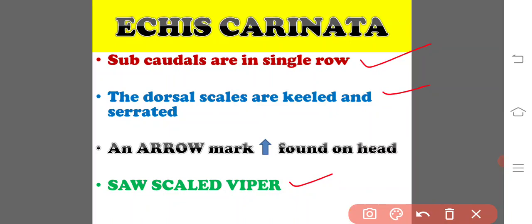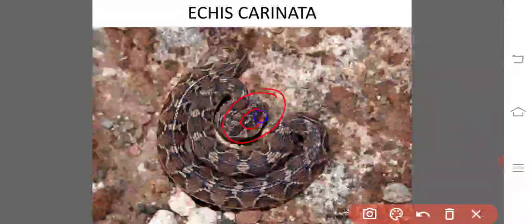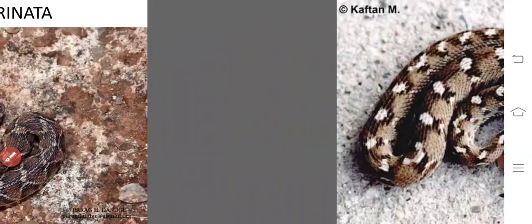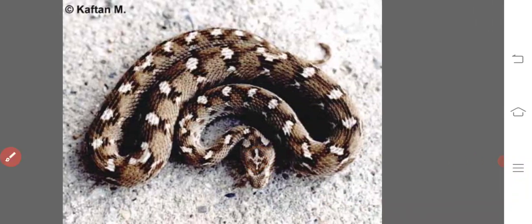One more important feature of the Pursa or Echis carinata is an arrow mark upon the head region. This is the head, and here you see the arrow mark. Here also you will observe the arrow mark on the head region. This is the specific feature for the identification of Echis carinata.